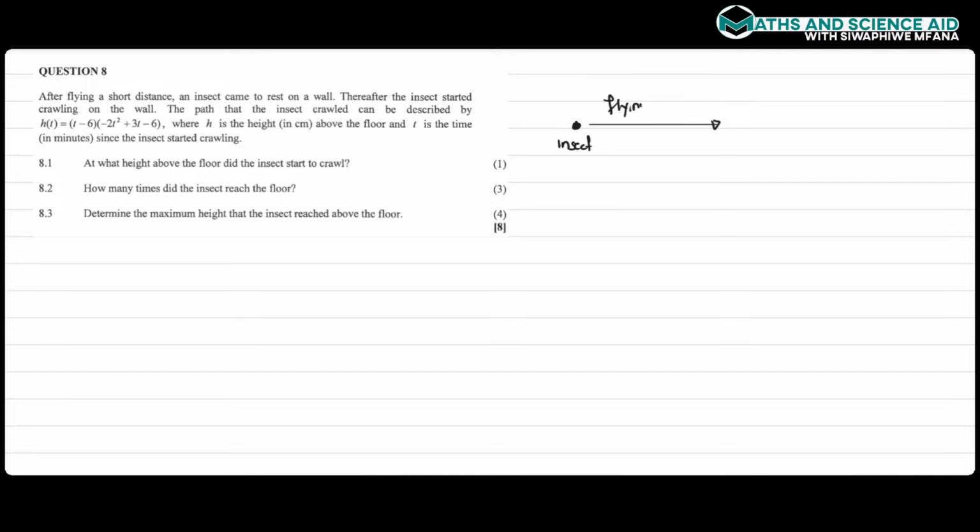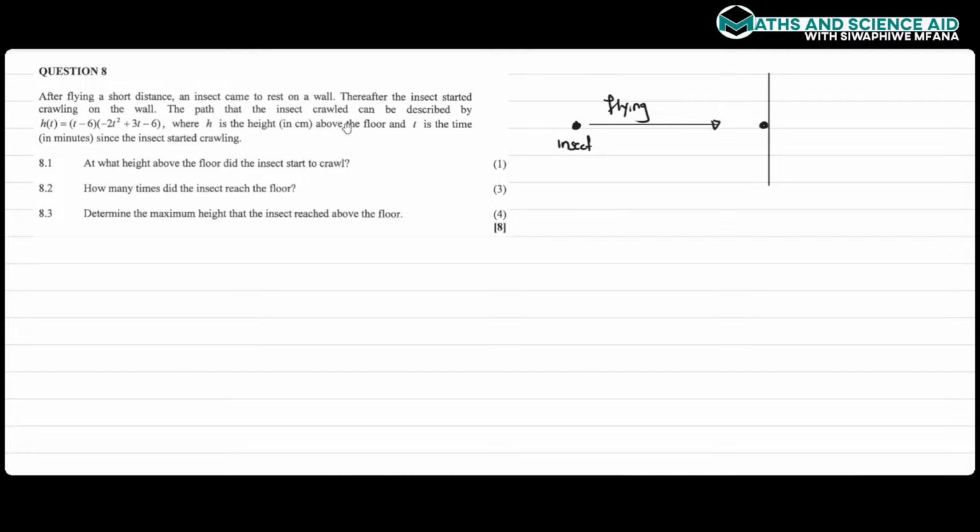Then it came to rest on a wall. So let's say this is our wall. Our insect moved up until it came to rest, it stopped right there on the wall. And thereafter, it started crawling on the wall. Here, we do not know whether it started crawling upwards or downwards, but it started crawling.